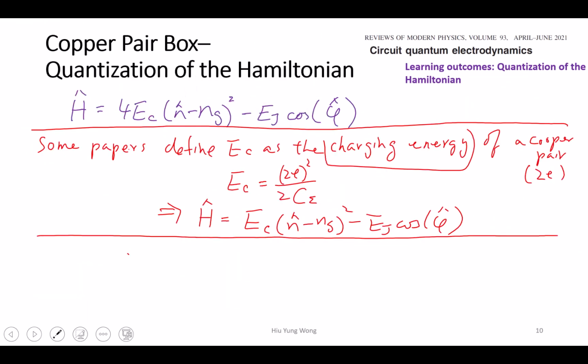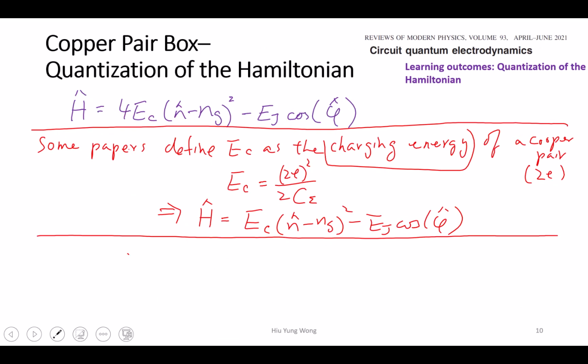I just want you to be very careful when you read papers. Sometimes they define the EC, right? Some papers define EC as the charging energy of a Cooper pair, the charging energy of 1 Cooper pair.